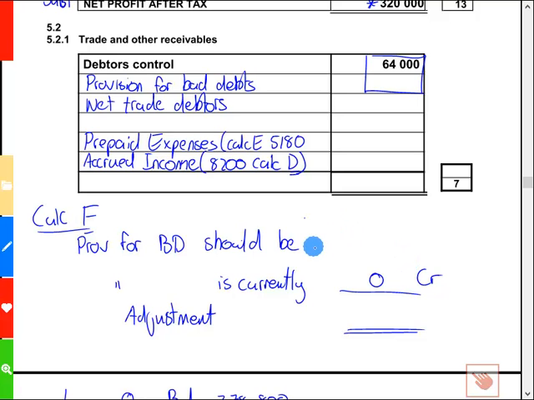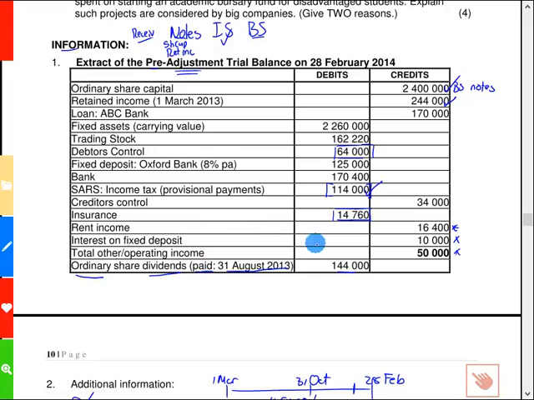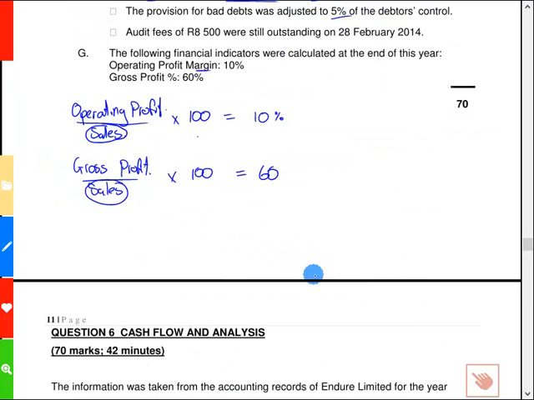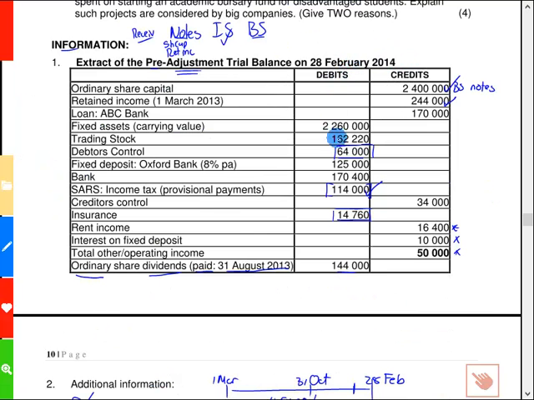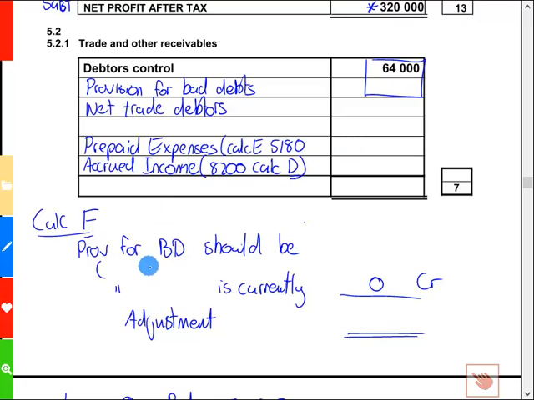Now the provision for bad debts should be, and they tell us, 5% of the debtor's control balance. And we know debtor's control is 64,000. So it should be 64,000 minus any bad debts, but we didn't have any bad debts, so that's 0. And we're going to multiply this by 0,05, not 0,5, that's 50%.